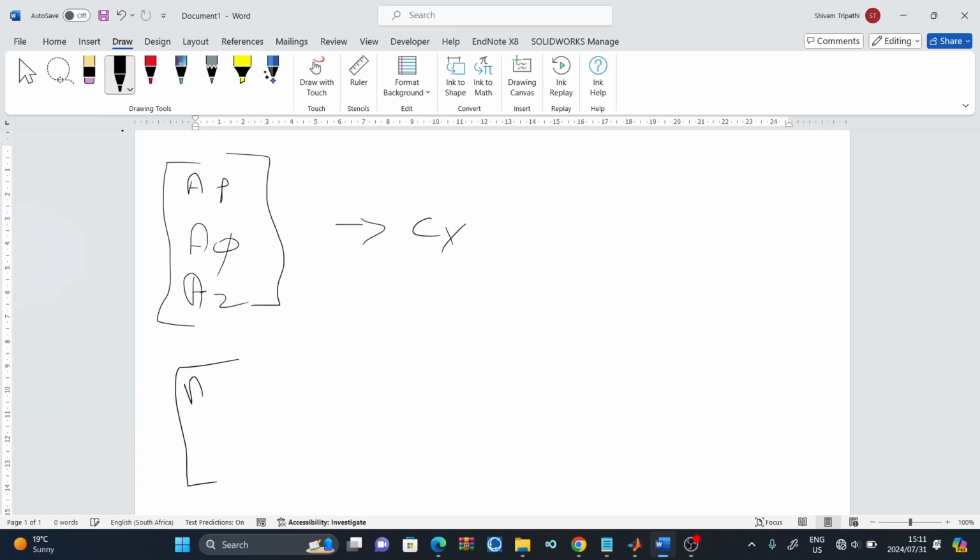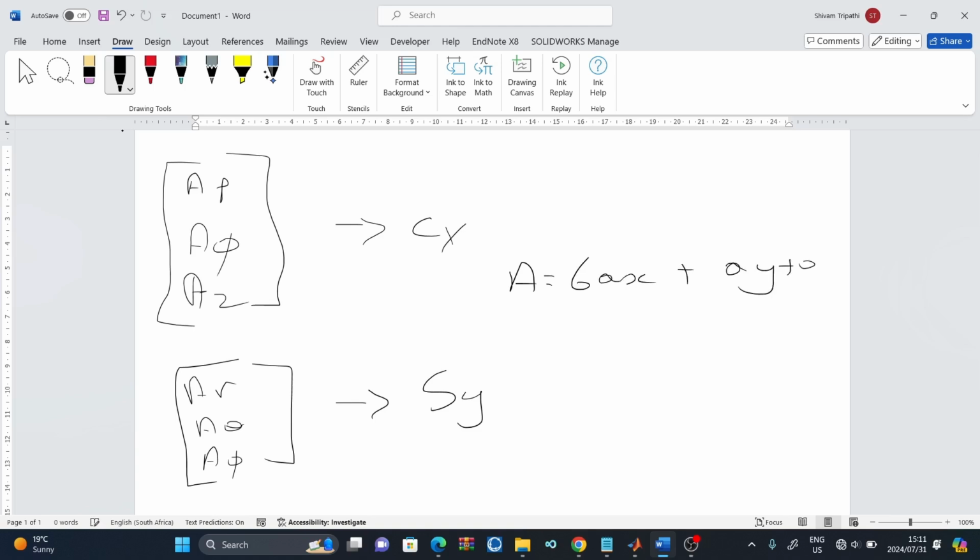Then you'll use this formula, theta and phi, to calculate your spherical coordinates, where you saw that A is now 6ax plus ay, and then your az is 0. So we'll make that 0. So yeah, that's simple enough, I think.